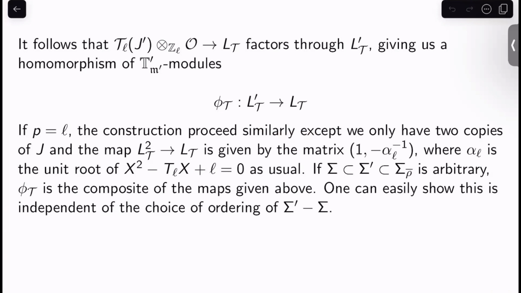Okay. You can easily show, by the way, that this construction, in the case this is arbitrary, is independent of the choice of the ordering of the primes in sigma prime minus sigma. Of course, you have to make sure of that, because a priori, if you reorder the primes here, you'll take a different composition of maps, and you could get a different output phi sub T, but that doesn't happen.